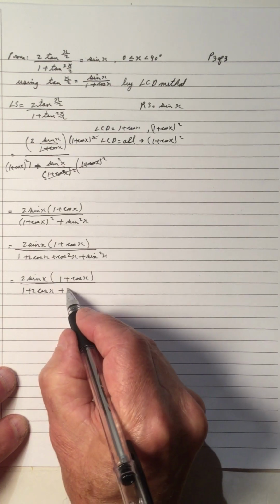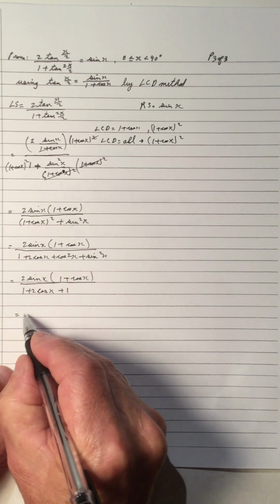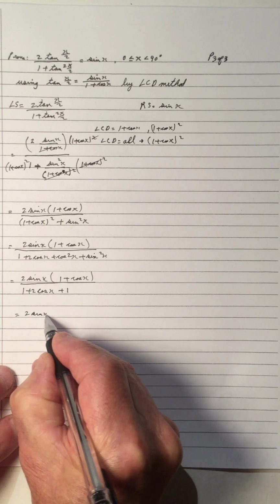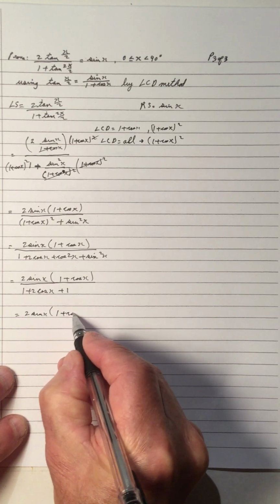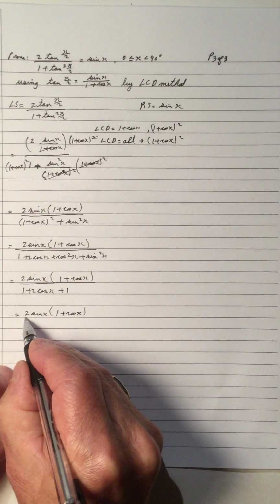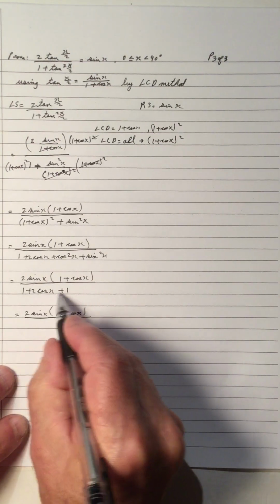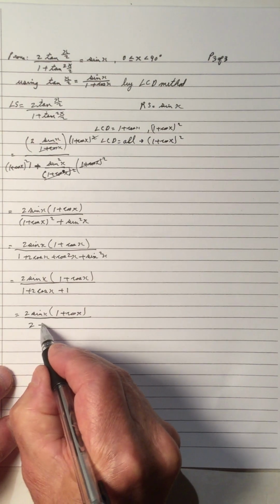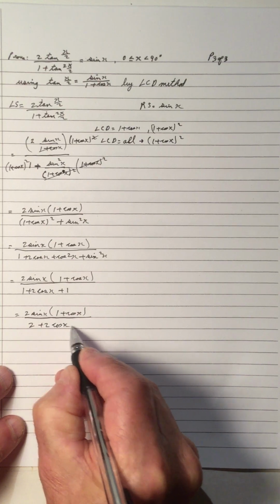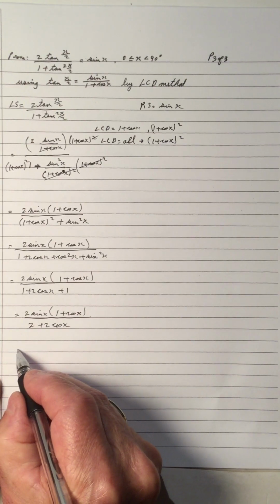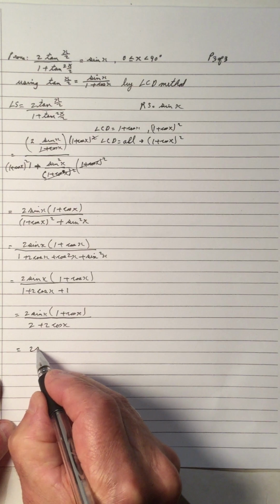Cos squared plus sin squared is 1. So 2 sin x times 1 plus cos x is the numerator. 1 plus 1 is 2. And so that gives us 2.